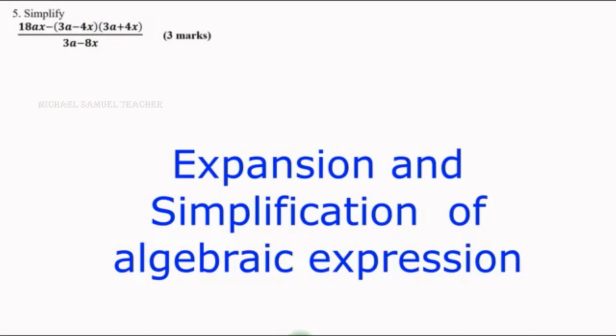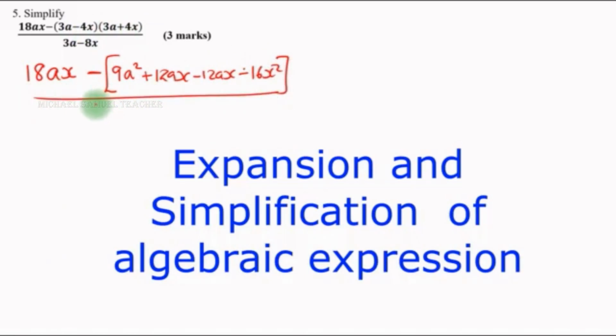So in our case here, this will be the same as 18ax minus, so if we expand this, let me just expand, this shall be 9a squared, then plus 12ax, then minus 4x times 3a minus 12ax, then minus 4x times 4x, that will be minus 16x squared, all over 3a minus 8x.